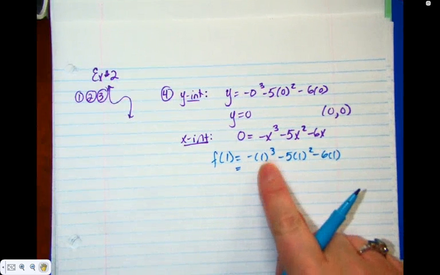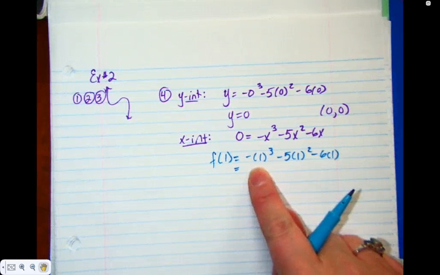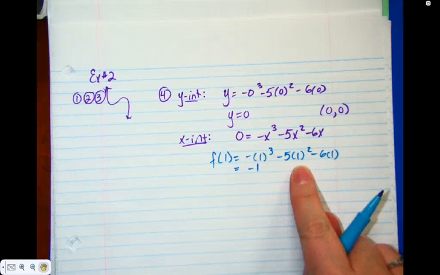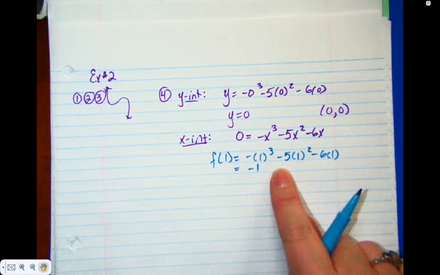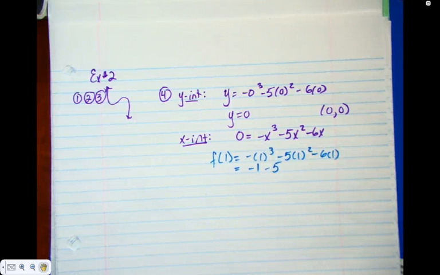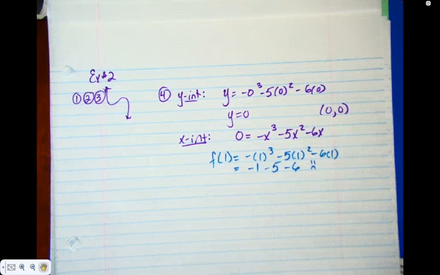Exponents come first, so 1 cubed times the negative in front, negative 1. 1 squared, 1 times the negative 5, negative 5. Negative 6 times 1. Conclusion, sad face. I don't even care what the number is. I'm not even writing it down. I just know it's not 0, and that's not good.